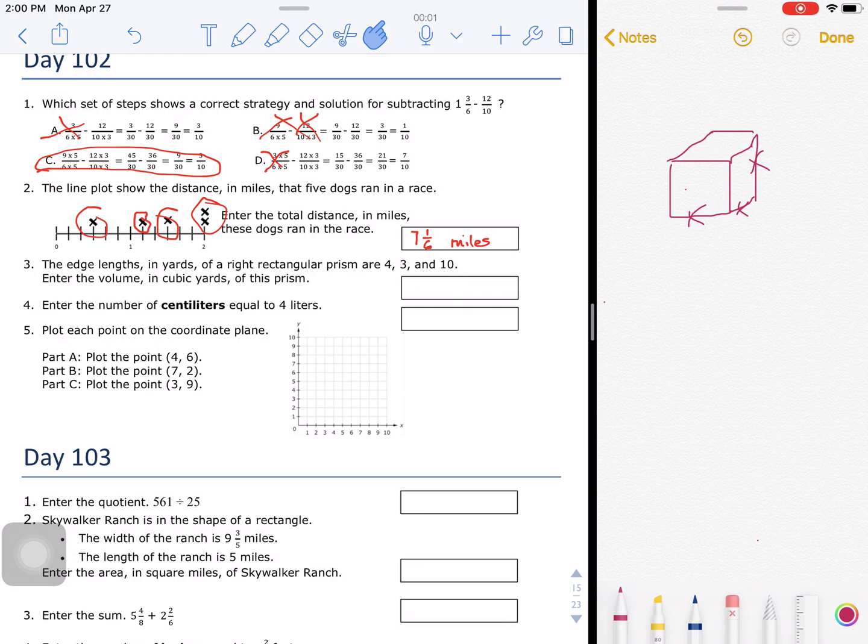So we have 4 times 3 times 10. Remember, I can use commutative property and change the order, and I can use associative property to group to make things easier for me to multiply. So I'm going to do 3 times 10 first, and 4 times 30 is equal to 120.